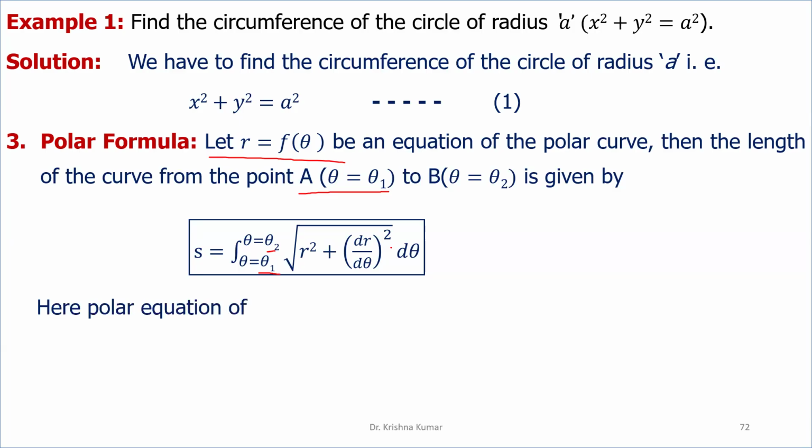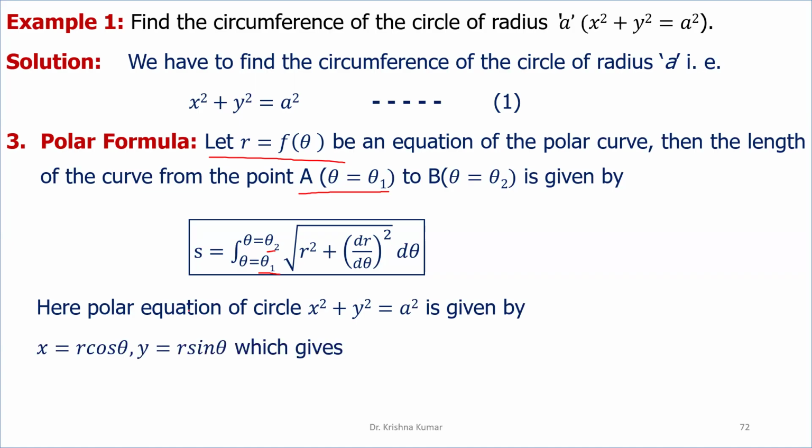Now, the polar equation of the circle x square plus y square equal to a square: if you want to convert any Cartesian equation to a polar equation, we substitute x equal to r cos theta and y equal to r sin theta.